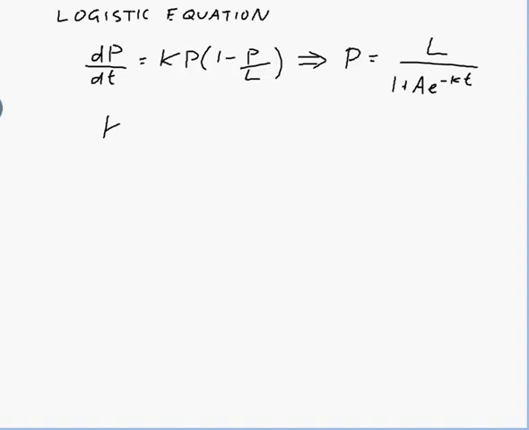is a constant. L is the, what's L? Let's have a look at that too. L is the limiting population.